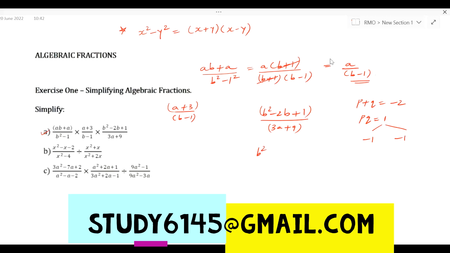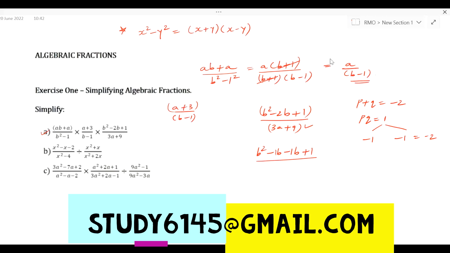When we add -1 and -1, we are getting -2, correct? So in place of minus 2b, we can write minus b minus b plus 1 upon, in the denominator. What will we write in the denominator part? 3a plus 9.